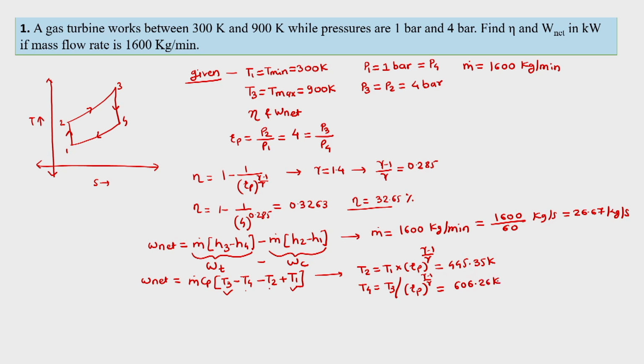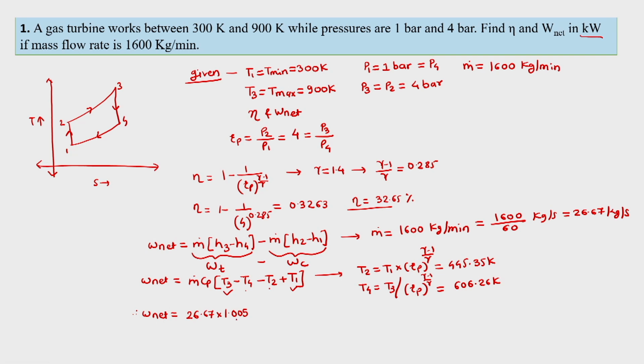606.26 Kelvin. So let us put all these numbers and evaluate. 26.67 into Cp, which is 1.005 into 10 to the power 3 joule per kg Kelvin, but we are asked to find it in kilowatt, so we will use kilojoule.